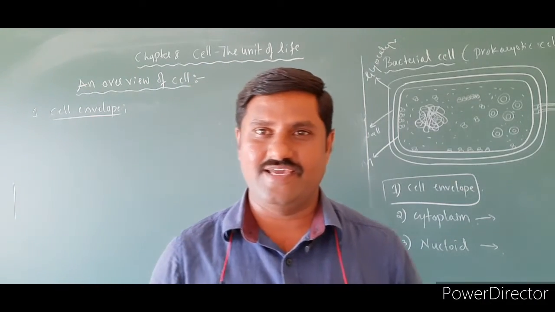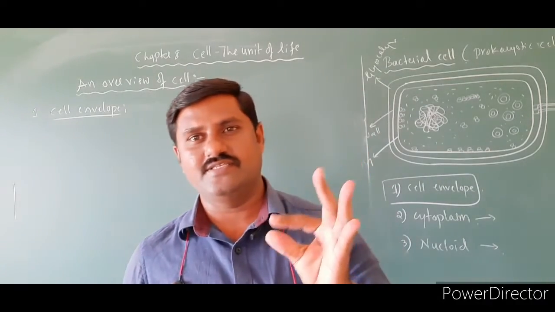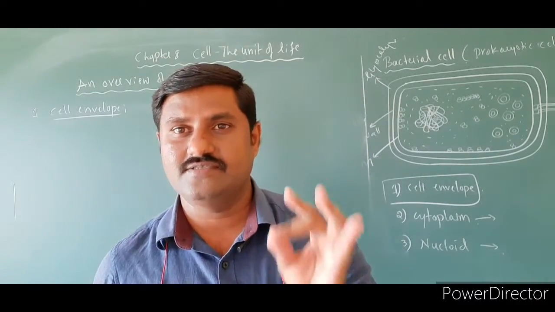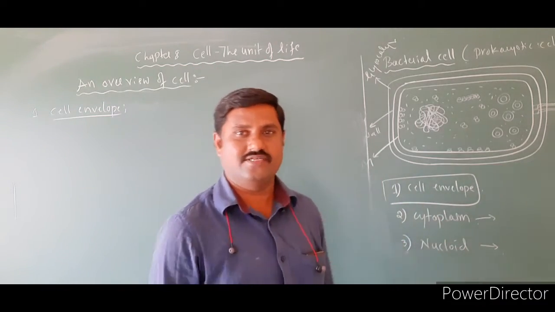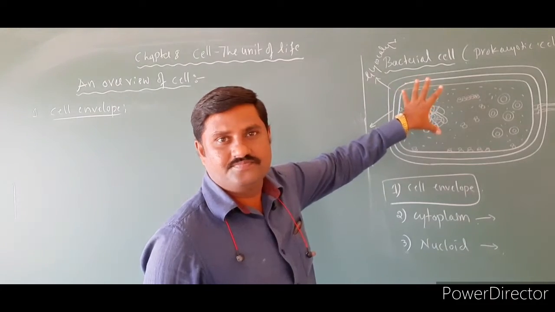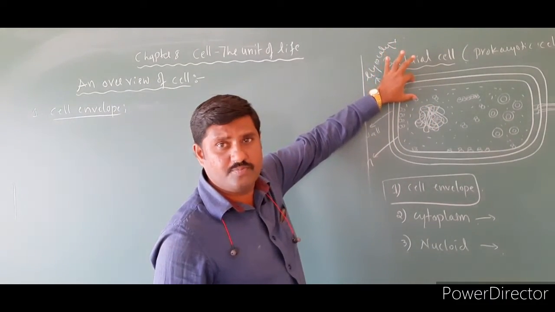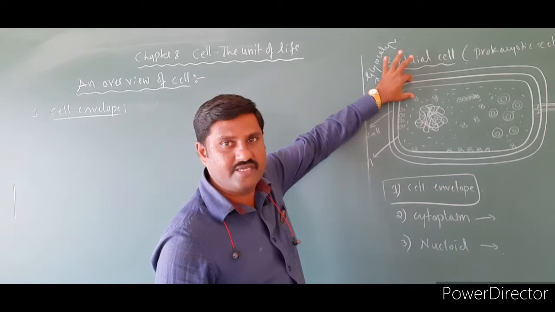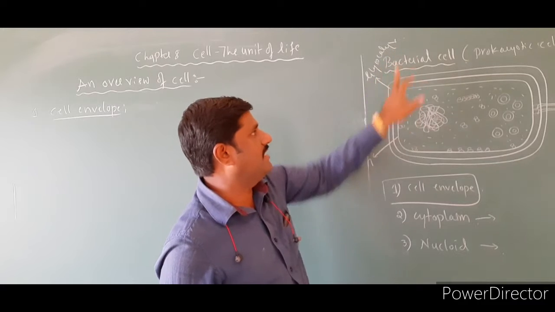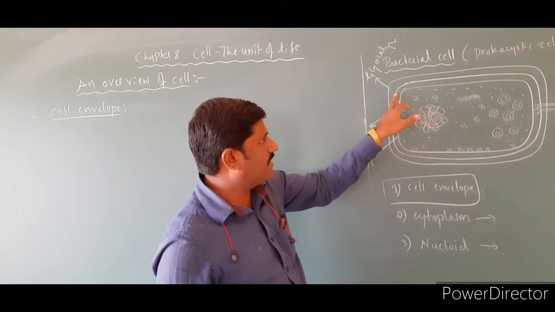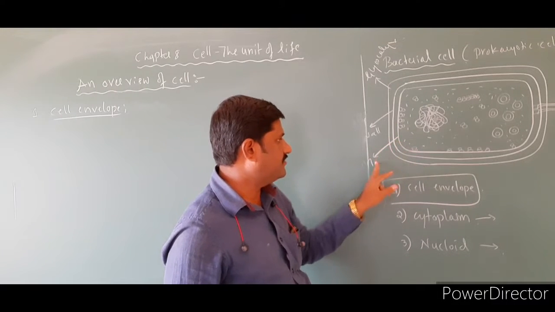What are those three layers that we come across? One is the glycocalyx, the second one is the cell wall, and the third one is the plasma membrane, as in a eukaryotic cell. See here, in the outermost envelope of this bacterial cell, we come across three major structures. One is the outermost glycocalyx, and inner to the glycocalyx there is a cell wall, and inner to that the plasma membrane.